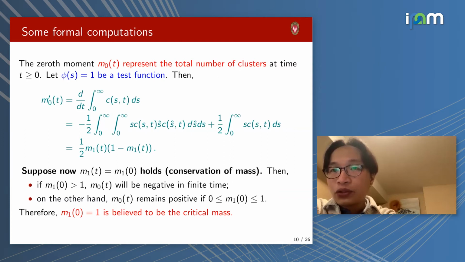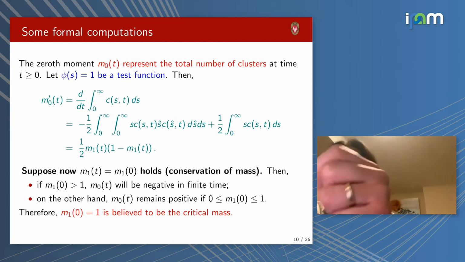The integral of S hat C S hat T is just going to be m1(t) squared, right? So I can write down that m0 prime of t equals 1/2 times m1 times (1 minus m1).